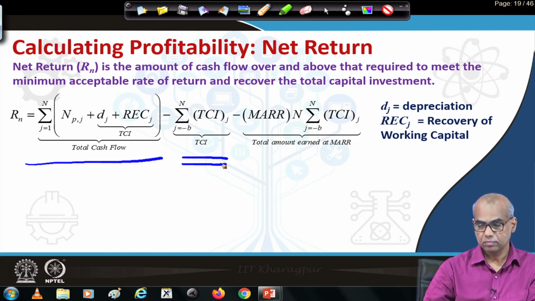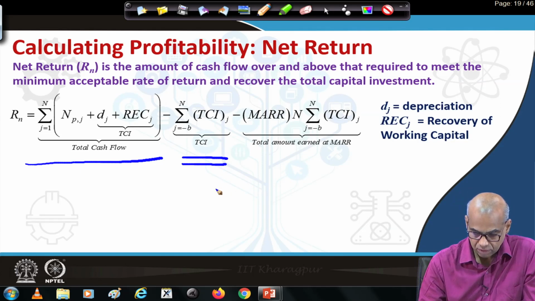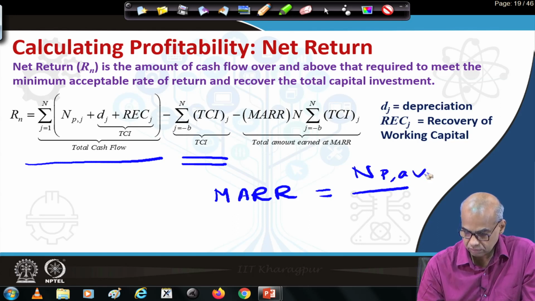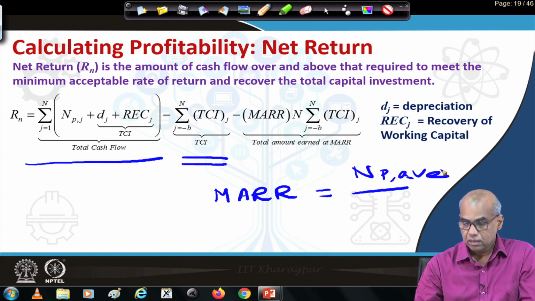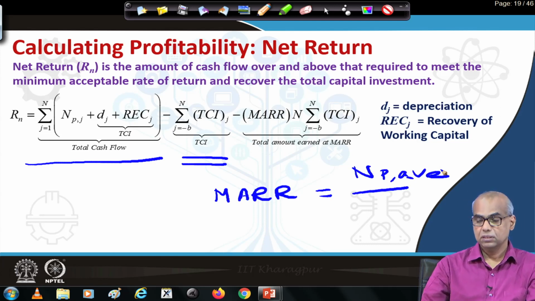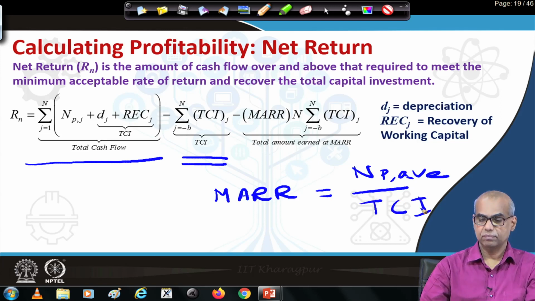How? We have seen previously that we can set the minimum acceptable rate of return as NP average, the average net profit, divided by total capital investment.